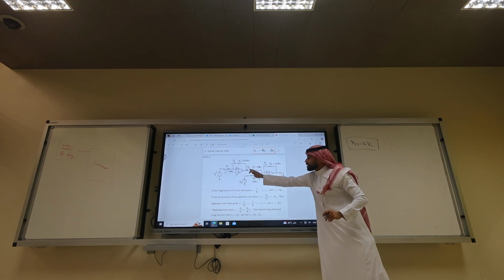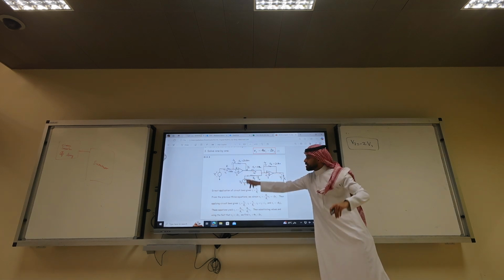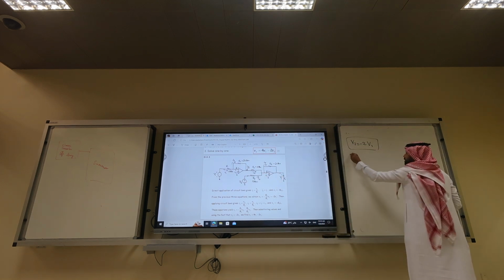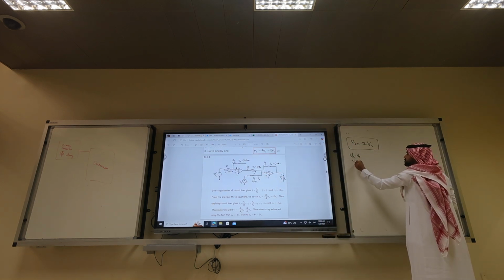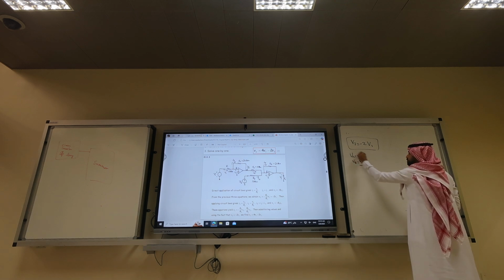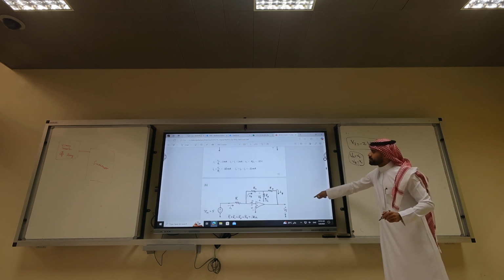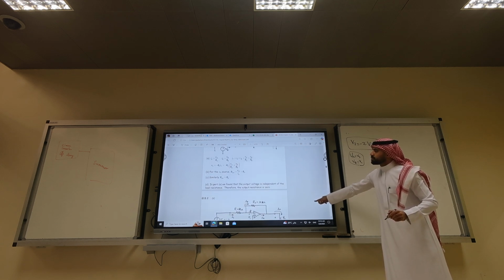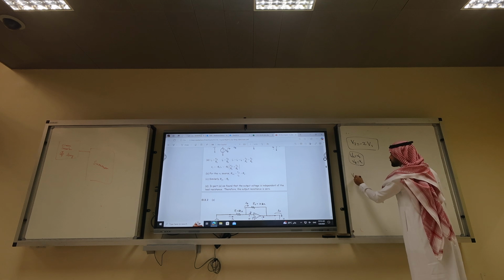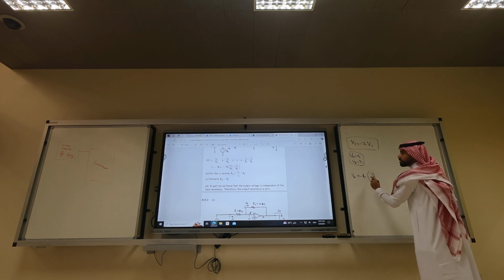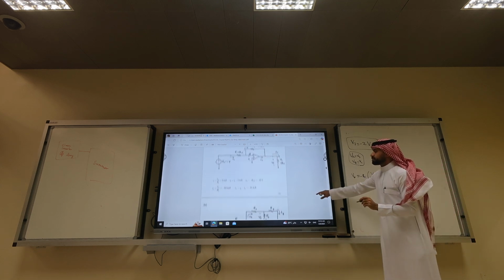Then think of this as VA. We have V2. So VA is V3, right? VB is V2. Can I sum them together? What's the summer equation? V output equals minus RF times V3 over RA, what is RA?